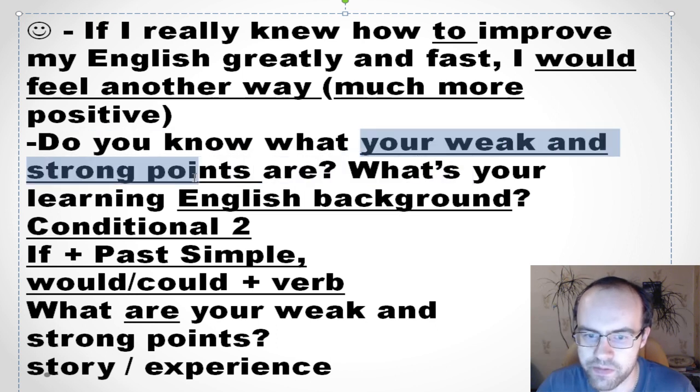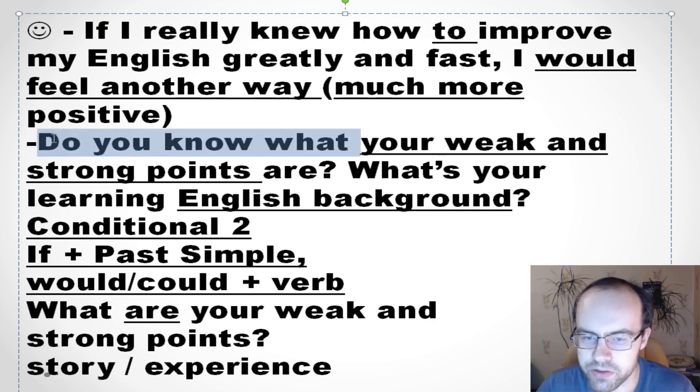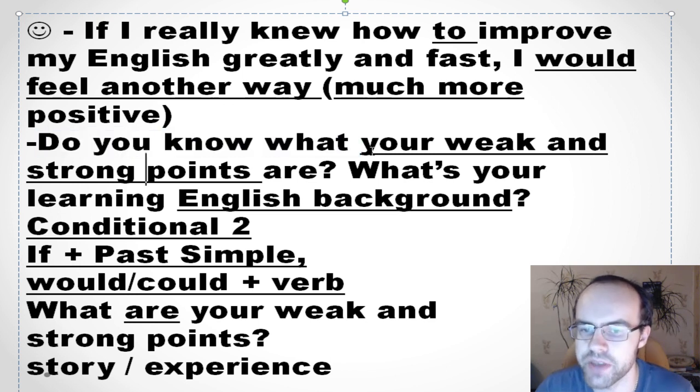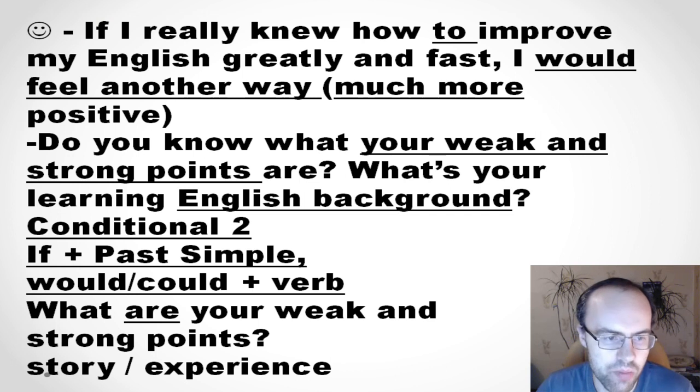So first you have a subject, and then you have an auxiliary verb. It's are. Because it's an indirect question, so if you have something before a question, you use the correct word order. So first you have a subject, and then you have an auxiliary verb, or then you have a verb.